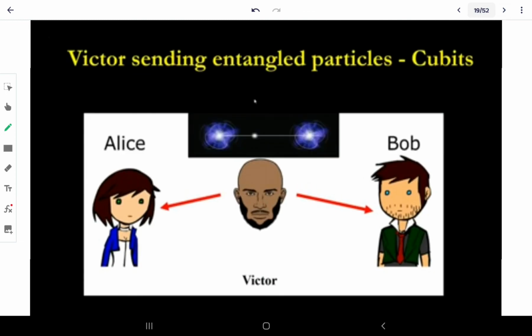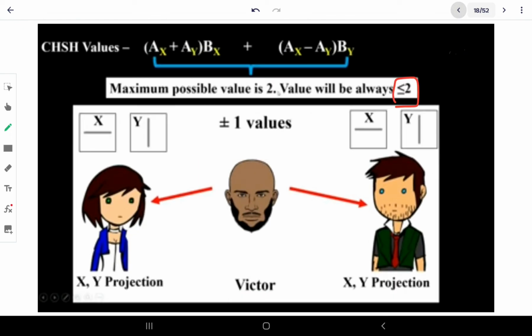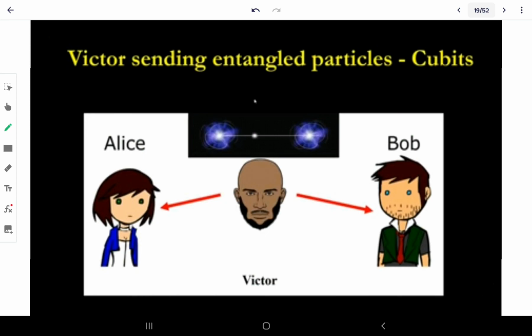Actually, the experiment found it to be 2.8. That's why he got a Nobel Prize for disproving Bell's inequality. So let's match it with quantum particles.